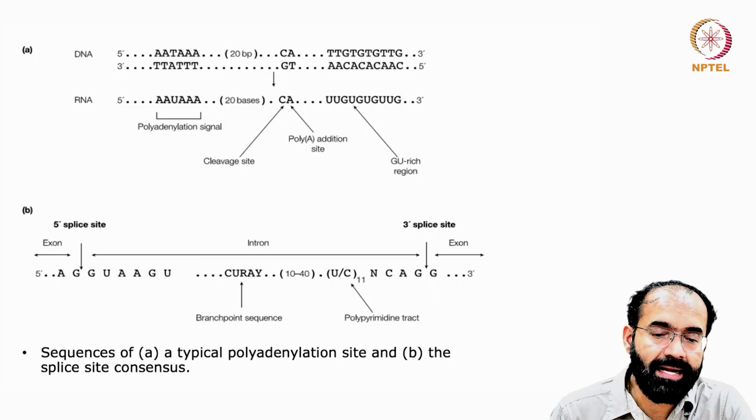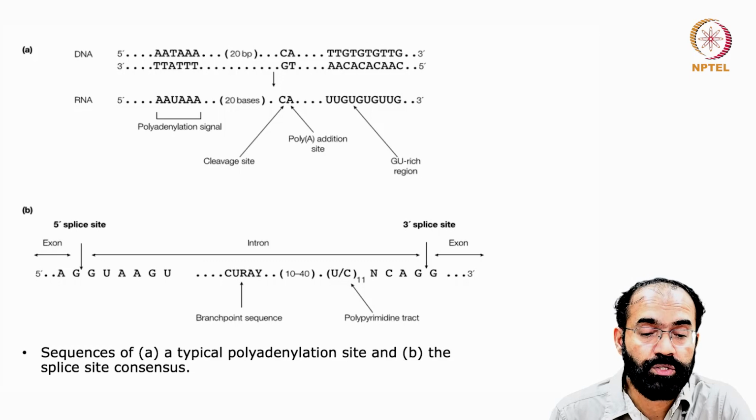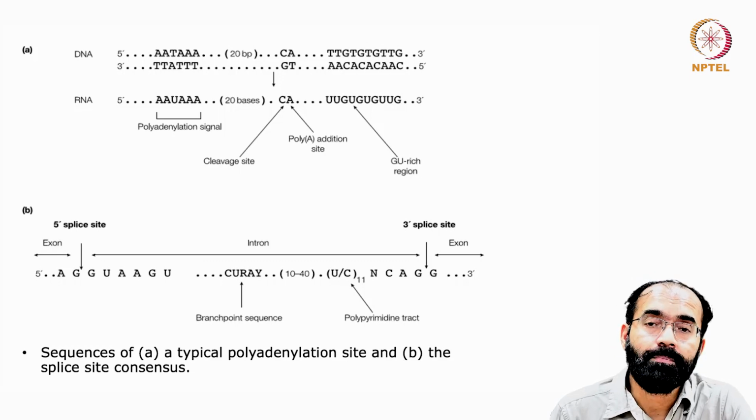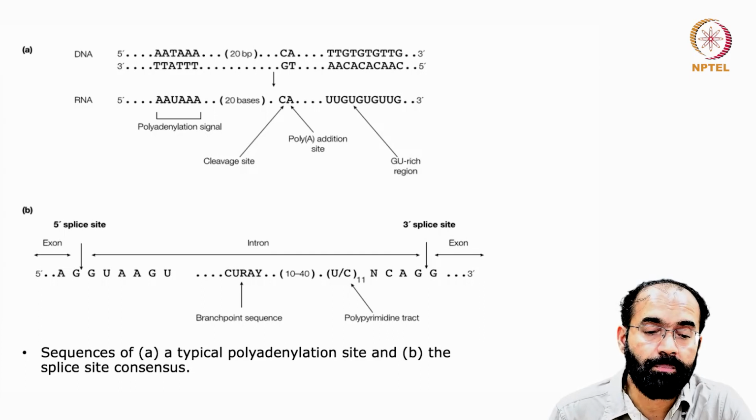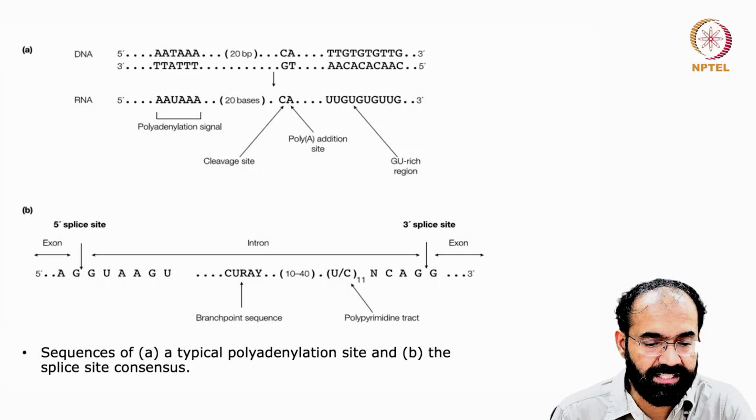This is followed by a CA sequence, which is the cleavage site where the nuclease acts, and much downstream you have a GU-rich region. For every RNA before termination there is a GU-rich region, but that will not be part of the mature RNA because there is a cleavage at the CA site, and once it has come out after cleavage, it is ready for polyadenylation.